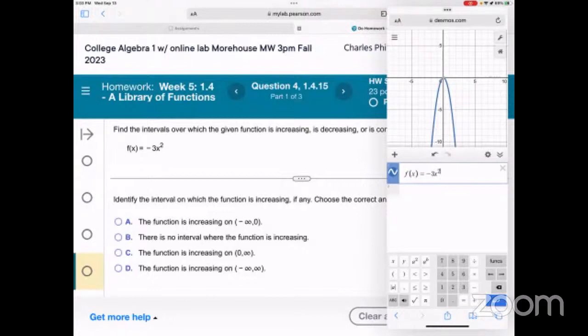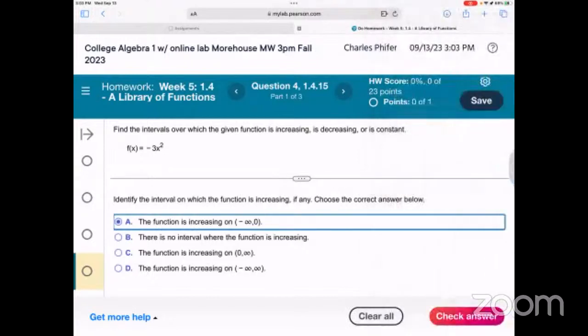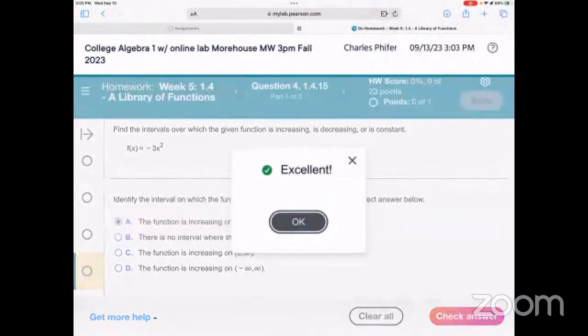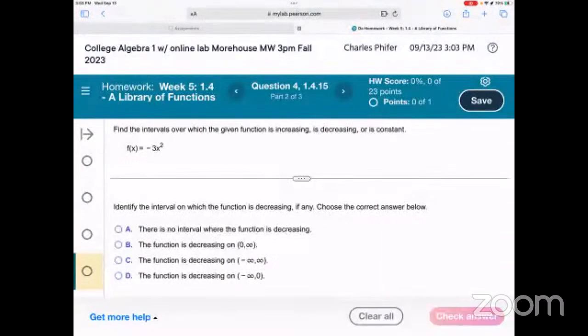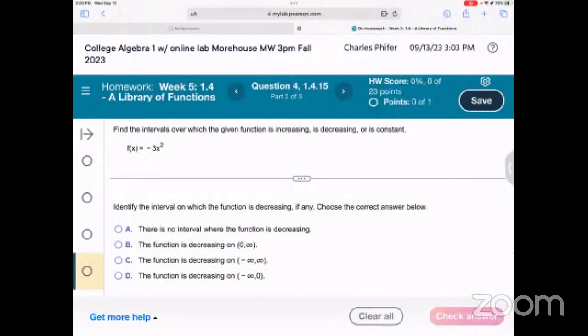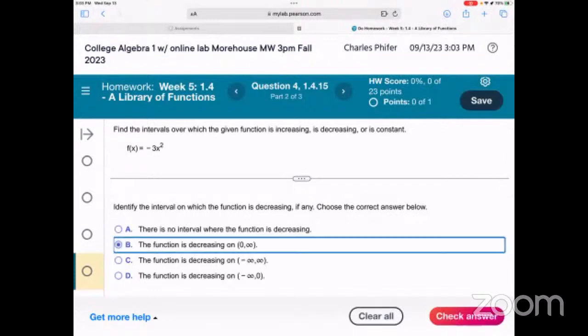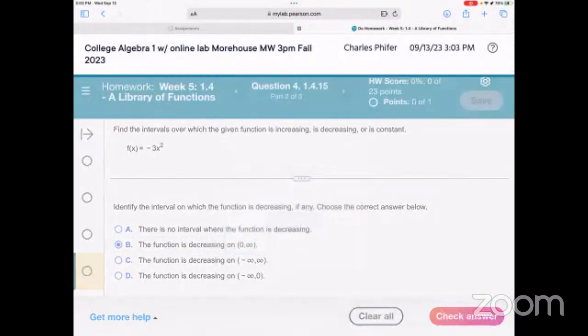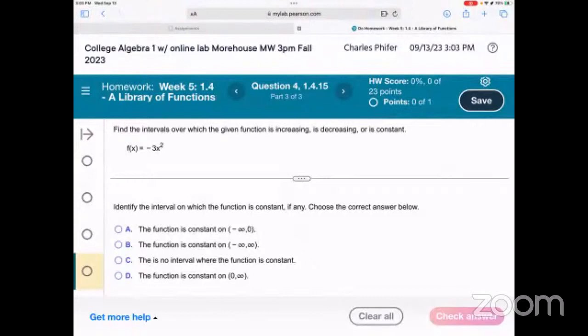So it's increasing as x moves from negative infinity to 0, which is A. And then with that same image, if we keep tracing from 0 to the right, it's decreasing. So it's decreasing from 0 to infinity. And there is no interval where the function is constant.